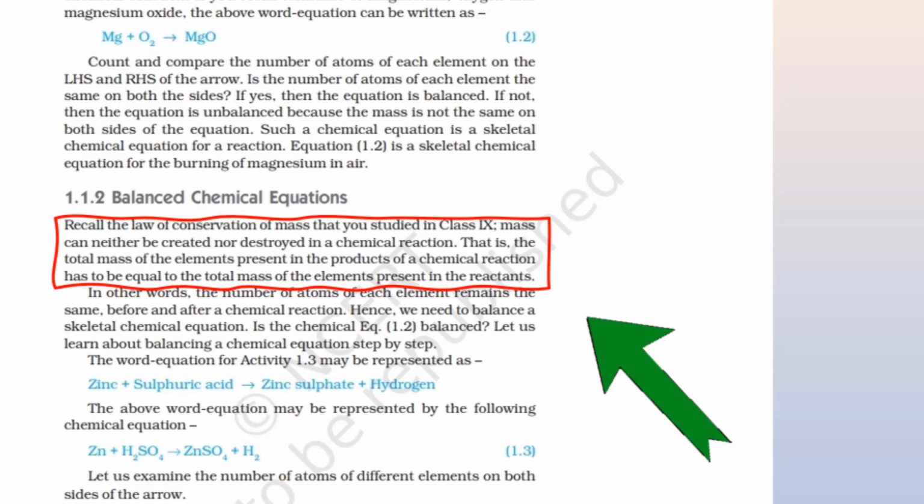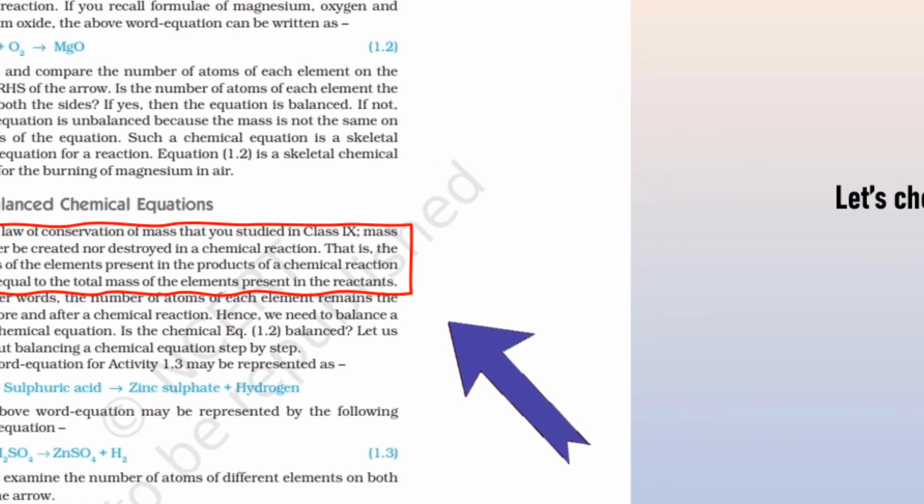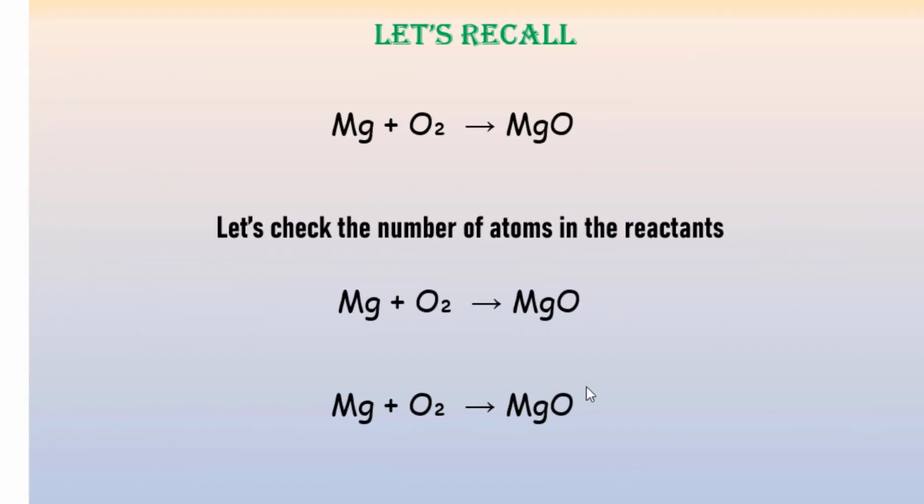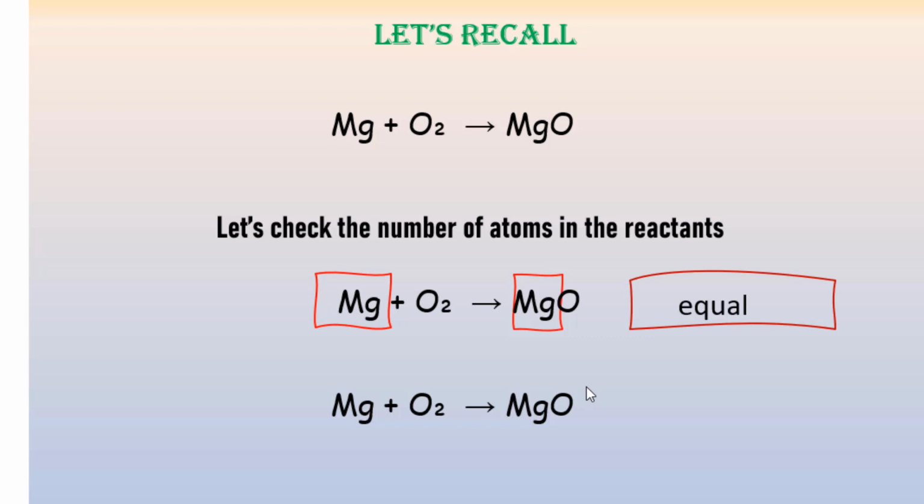This can only be transformed from one form to the other. So let's check the number of atoms in the reactants. The number of atoms for magnesium are 1 in both the cases, therefore they are equal. While in case of oxygen, they are unequal, as I have already stated.